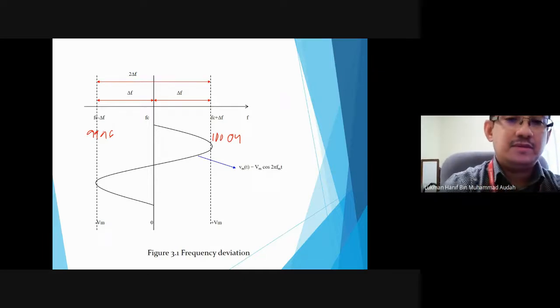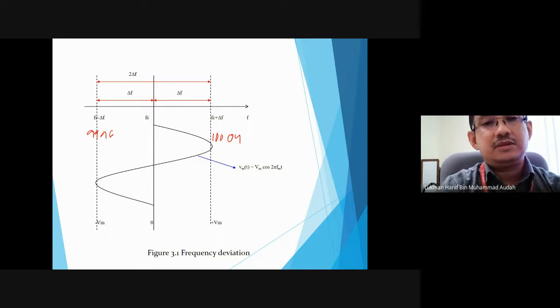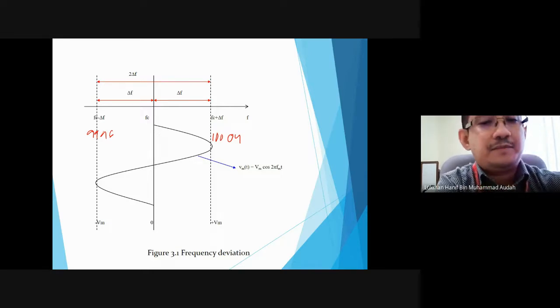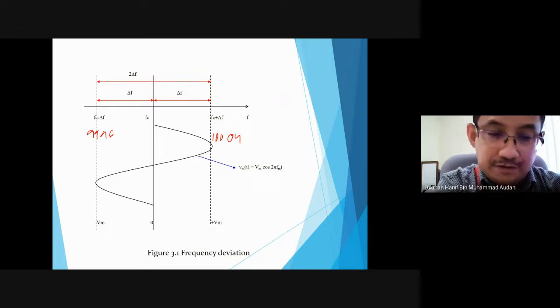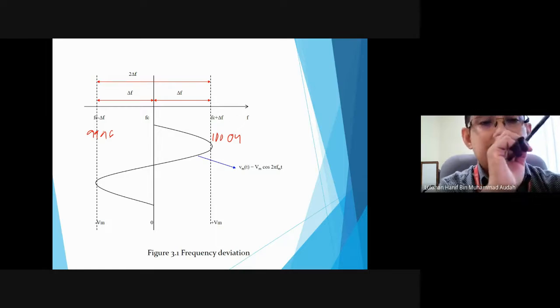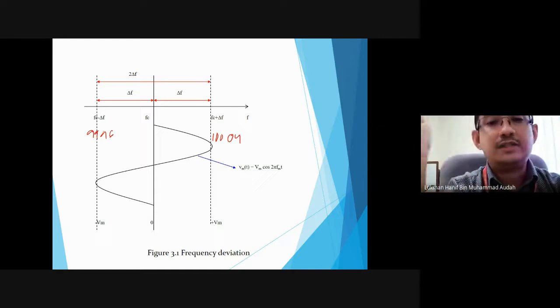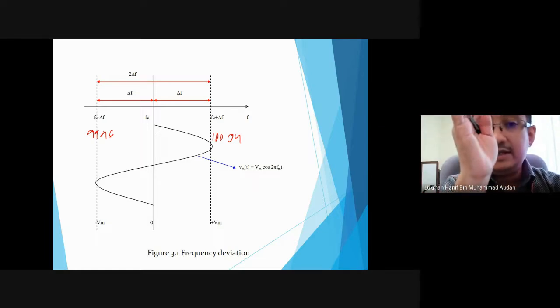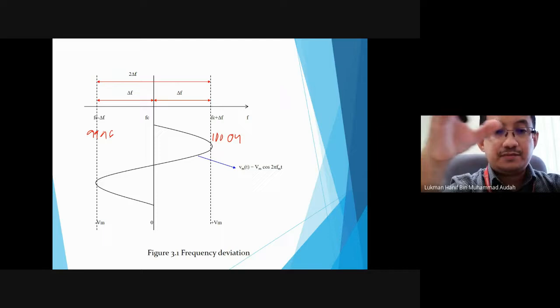So dia fluctuates sebanyak 10,000 times per second. Maknanya apa? Maknanya 10,000 times per second merujuk kepada frequency of the modulating wave. Sebab modulating signal telah berubah sebanyak 10,000 cycle per second dan carrier fluctuates.